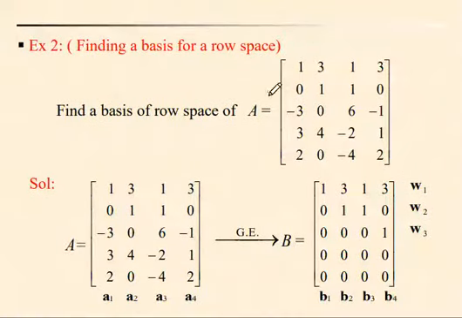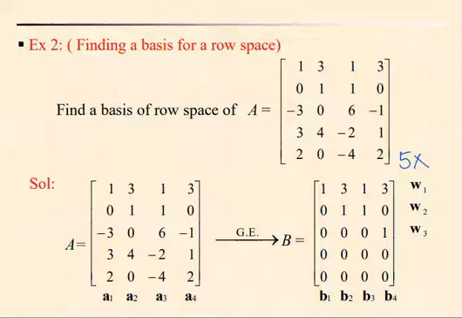This is your matrix. It has 5 rows and 4 columns. The dimension is 5 by 4.